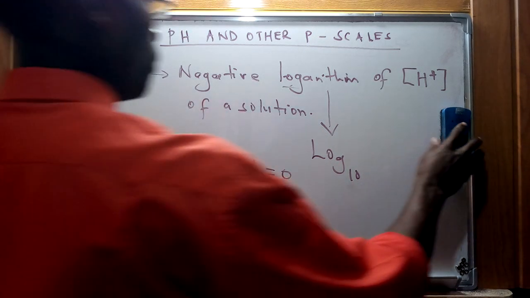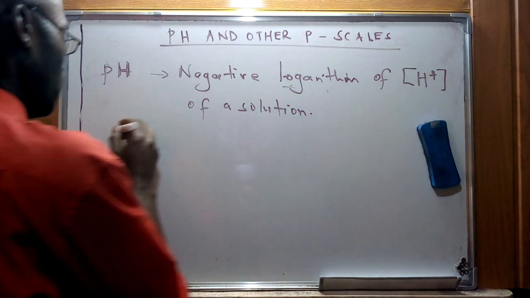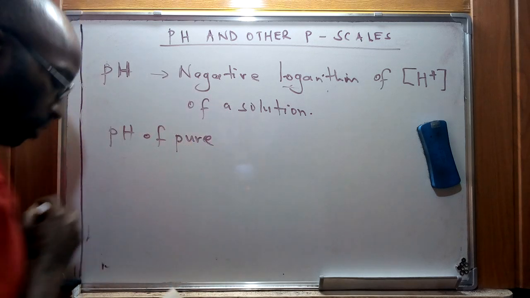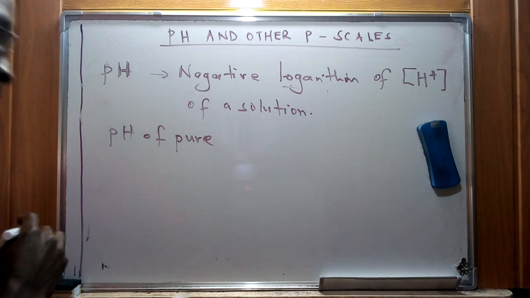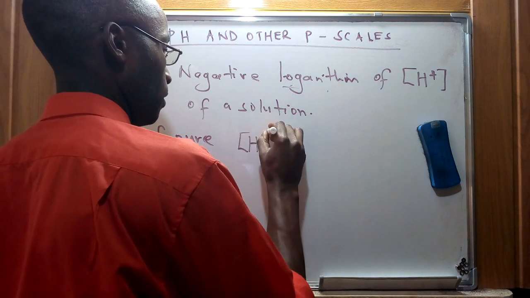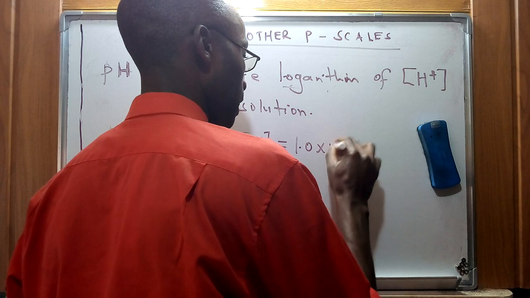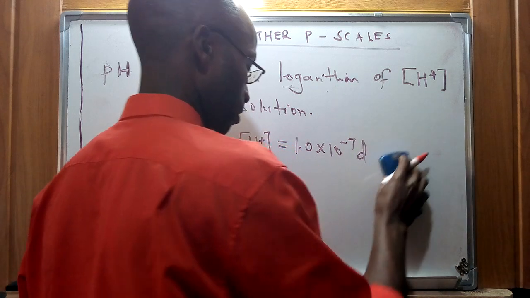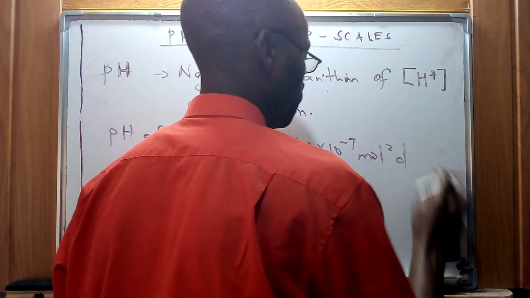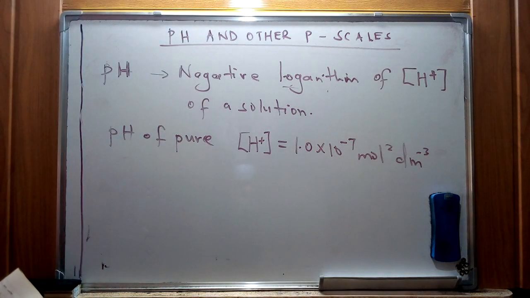So the pH of pure water, from this particular definition. We have indicated a scale of Kw for pure water. We had said that we can indicate the concentration of the hydrogen ions for pure water to be 1.0 times 10 negative 7 moles per decimeter cubed.